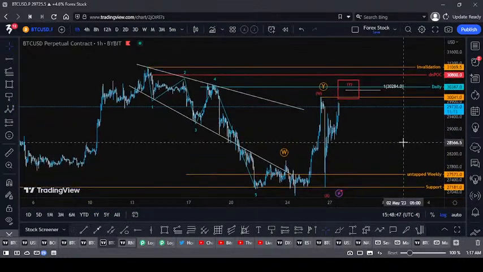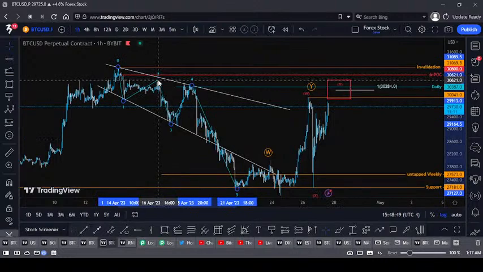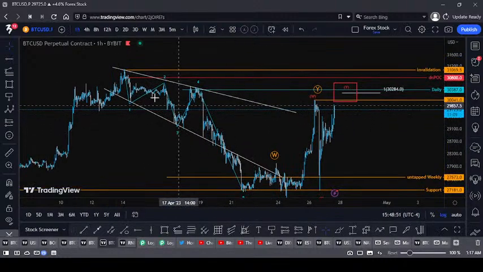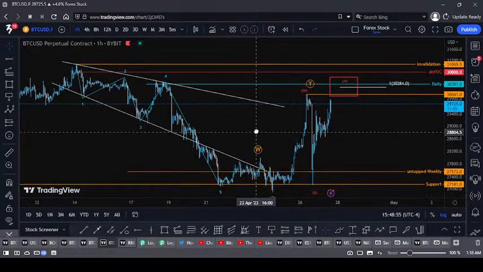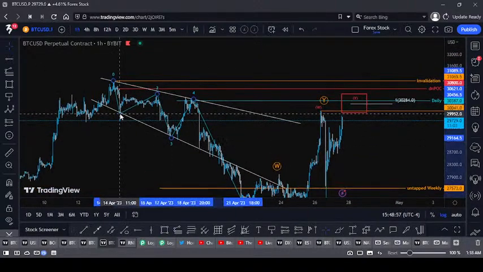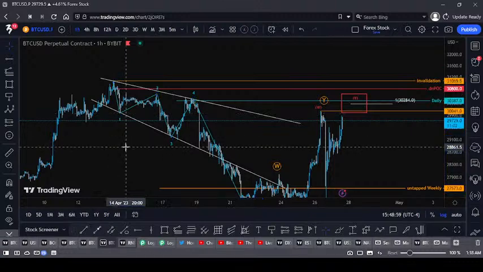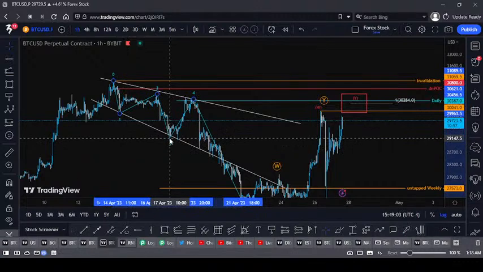Okay, it happens. You can read on the manuals of Elite Wave teachings on our website if you have already purchased this course, and we teach that on the leading diagonals. The fifth wave is most of the time overextended.